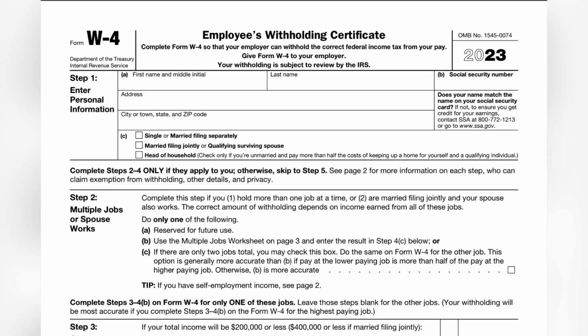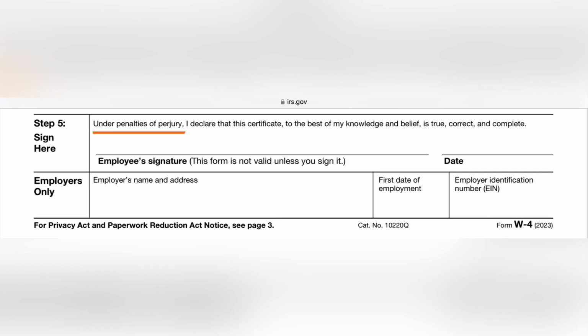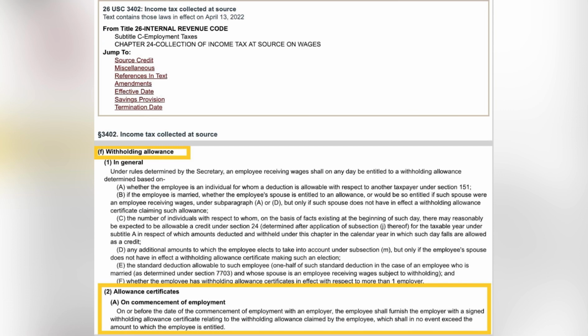If your answer is no, then why are you filling out and signing a Form W-4 under penalties of perjury, nonetheless, to have taxes taken out from your pay, when according to the employment taxes, it's only required of an employee of the United States or the District of Columbia?